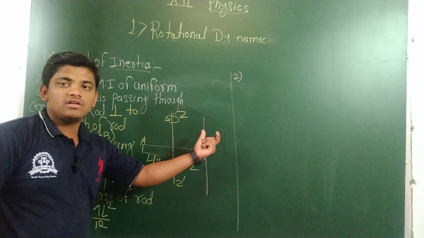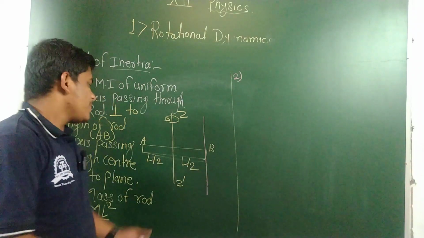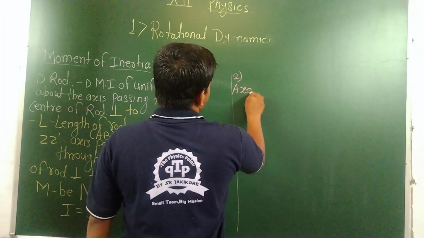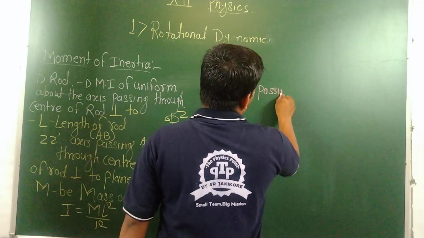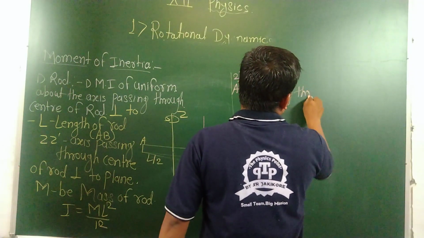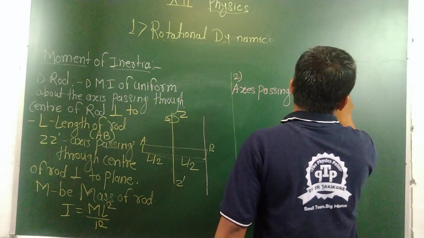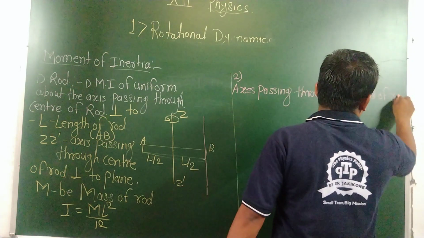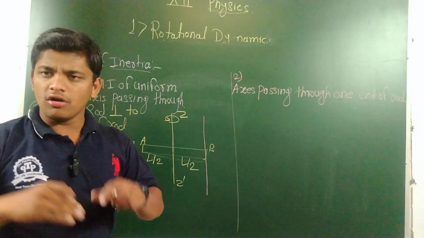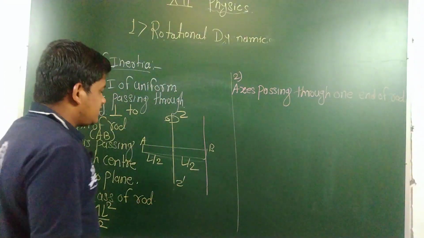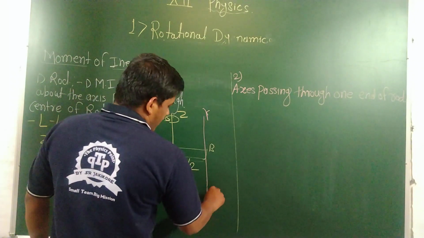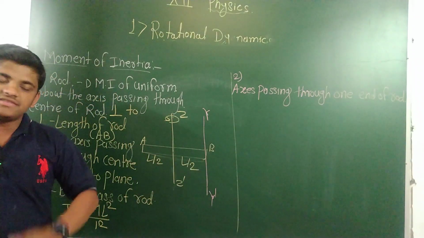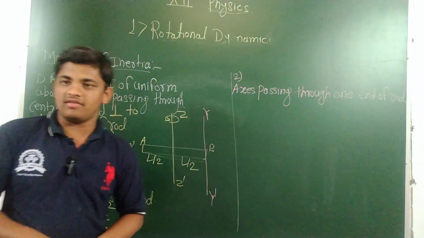If an axis passes through one end of an object, we want to find out its moment of inertia. Then the axis passing through one end of the rod and also perpendicular to the plane of the rod, I will call Y Y dash, is the axis of rotation passing through the end of the object, with the same mass and the same axis through the center of mass, according to the theorem.